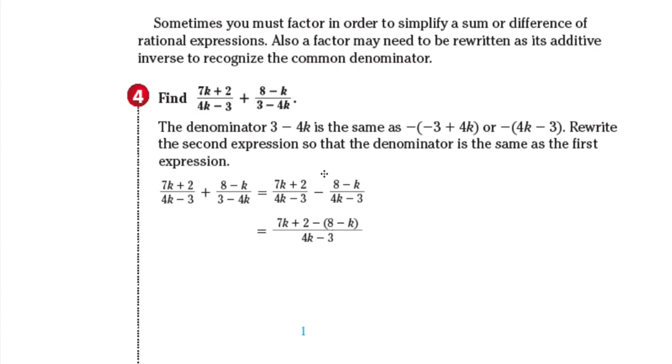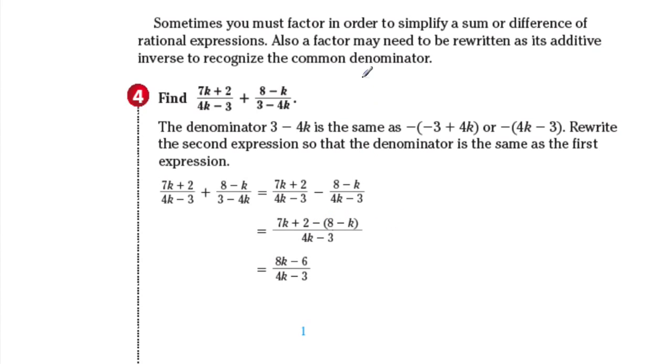Again, you need to remember to put parentheses because you will be distributing the negative 1 to 8 and negative k. So from there, you simplify now.